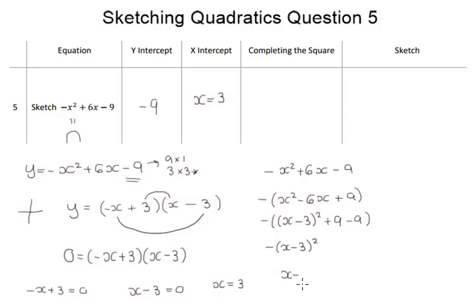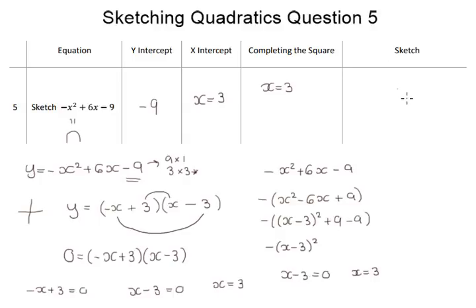So if x minus 3 equals 0, then x equals 3 is my maximum point, because all of the points will be less than this. So x equals 3 is my maximal point. If you're struggling to understand why that is, think about the fact that anything I plug in here is going to be positive, but then I've also got this negative outside. So then it's going to be negative, which is less than 0.